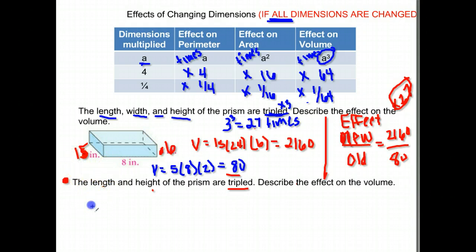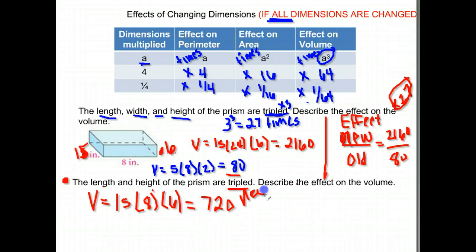What would the volume be now? Well, the volume would be length of 15 times width of 8 still, because we didn't change the width, times the height of 6. That gives me 720 for my new volume if I'm tripling the height and the length.